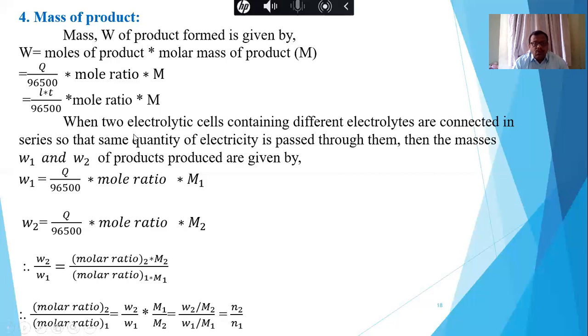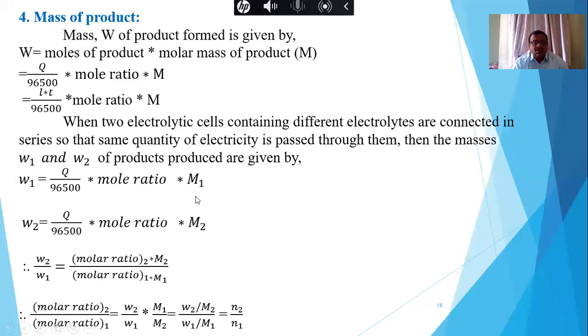When two electrolytic cells containing different electrolytes are connected in series so that the same quantity of electricity is passed through them, then the masses W1 and W2 of products are given by a similar equation.